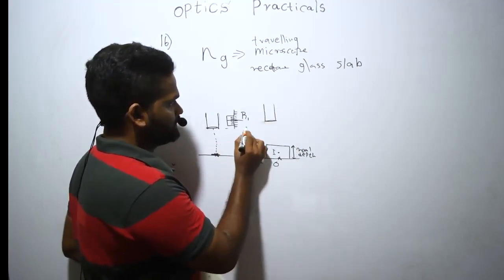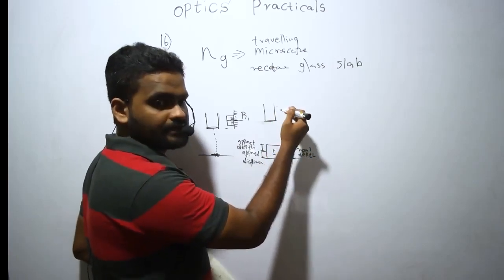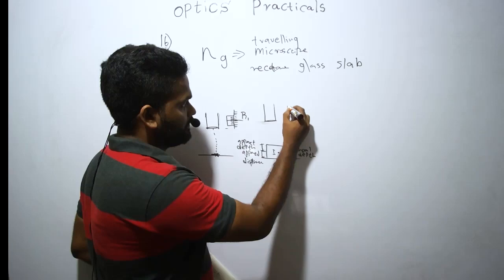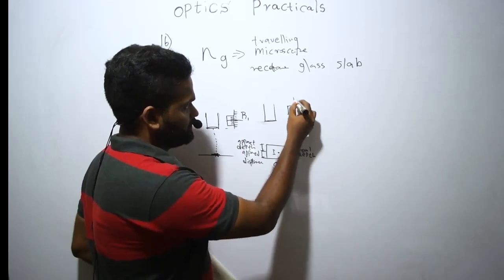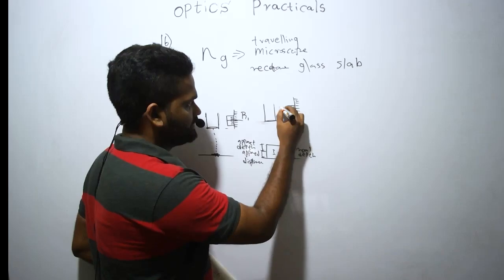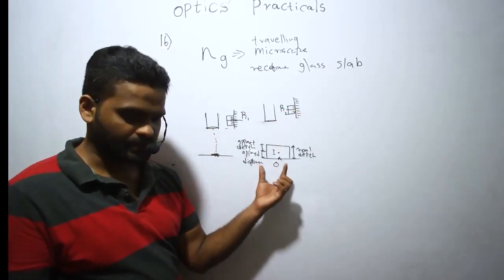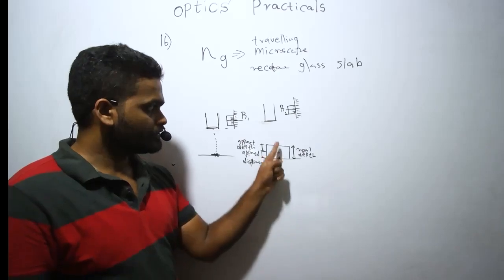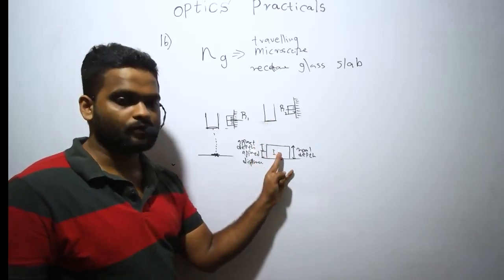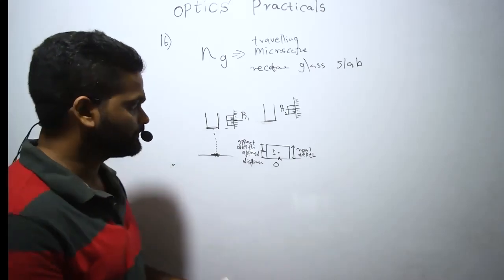So it is lifted, right? And again, you can take the reading there. This is the main scale reading, then the vernier scale reading. Let's say that reading is R2. Okay? That reading is R2. So this microscope is focused on the image. Right? Image here.